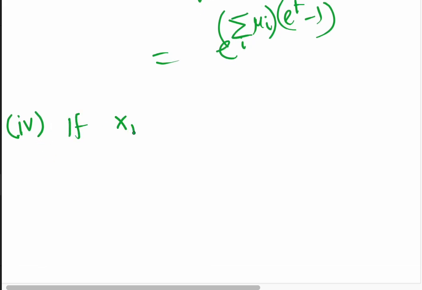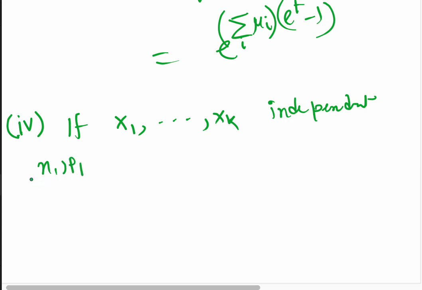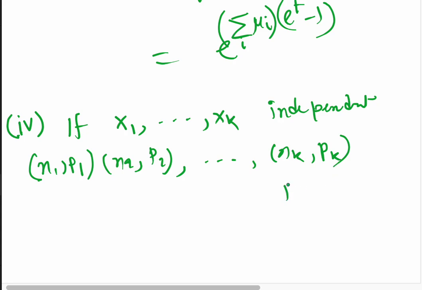Now let's move towards the fourth statement. If x1 to xk are k independent variates with parameters n1 p1, n2 p2, dot dot dot, nk pk, where pi not equal to pj, then the summation of xi is a binomial variable.